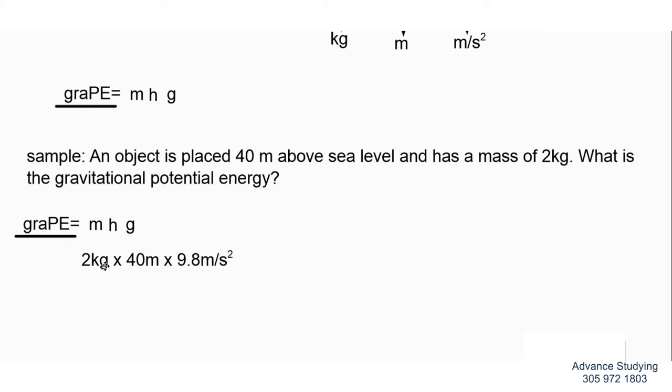So here we have it. Let's plug in those numbers: 2 for the mass, 40 for the height, and 9.8 meters per second squared for gravity. What does that give you?